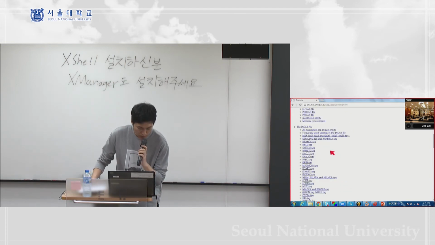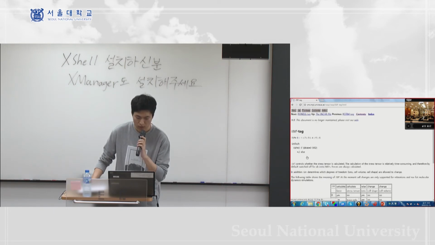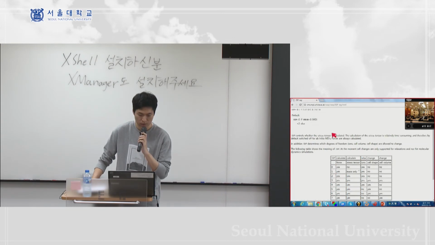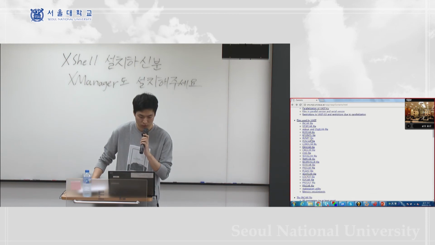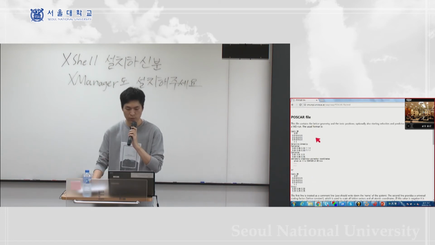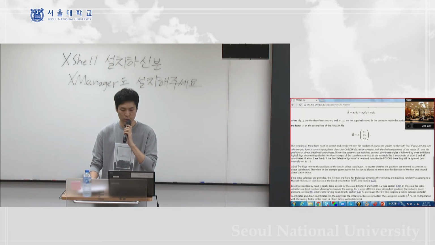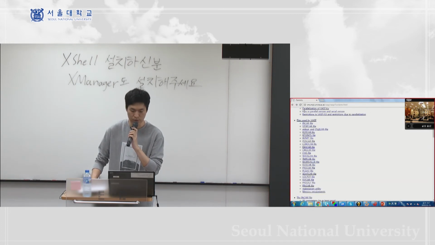For example, if we find the ISIF tag here, there is the table you saw before. And there is also some information about files. For example, if you look at the POSCAR file, it explains the format of POSCAR files and how it is written. If you're curious about this information, you can find more in this manual.